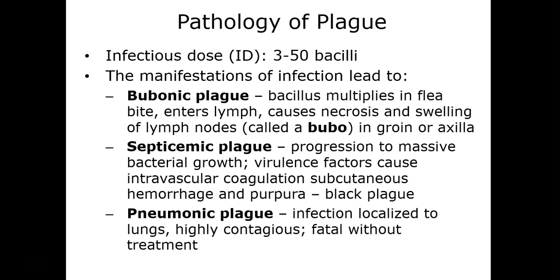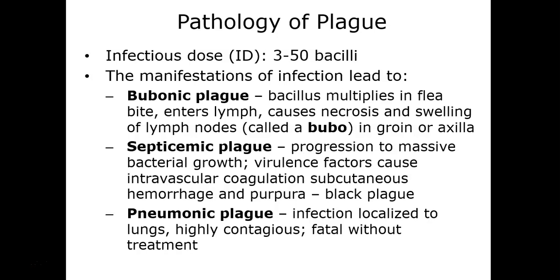Its virulence factors actually cause your intravascular system to coagulate, and you get this hemorrhaging under the skin or this kind of black hue to the skin known as purpura. So it's often sometimes called the Black Plague.